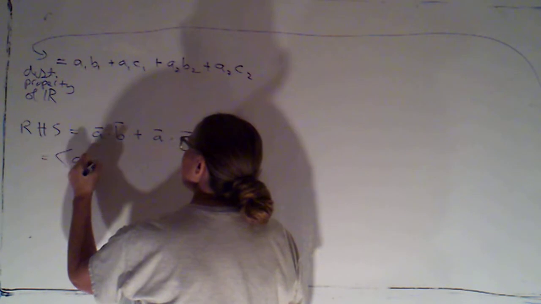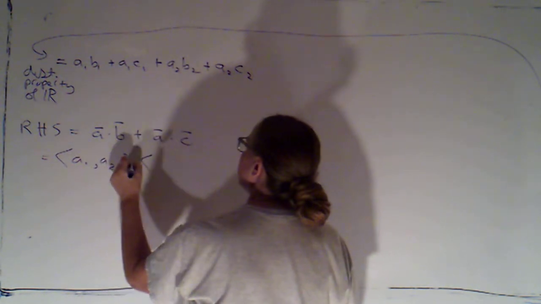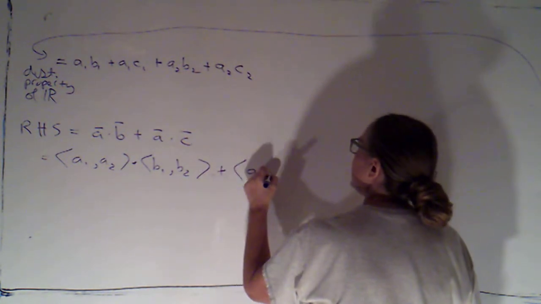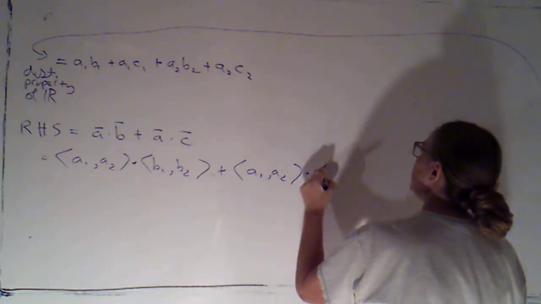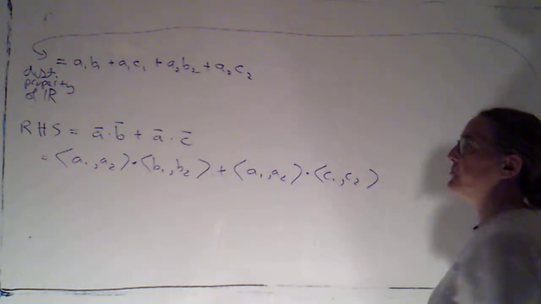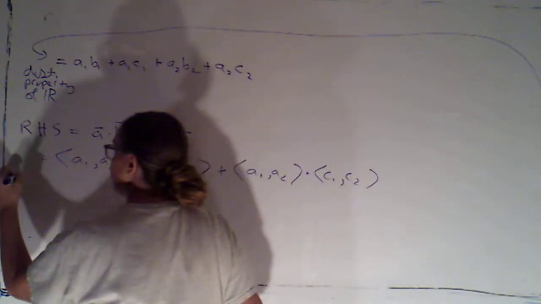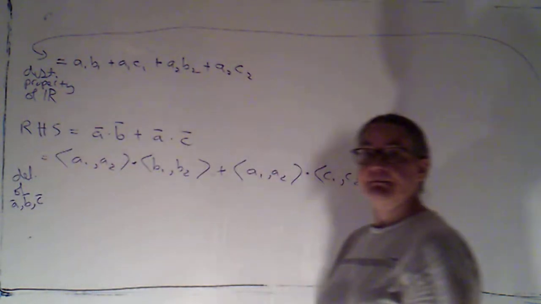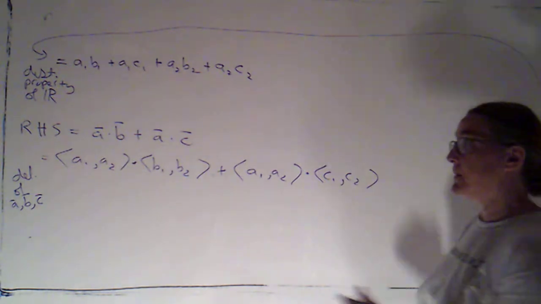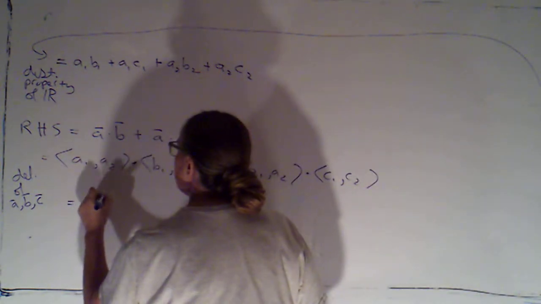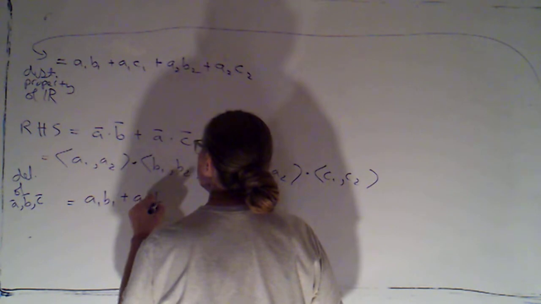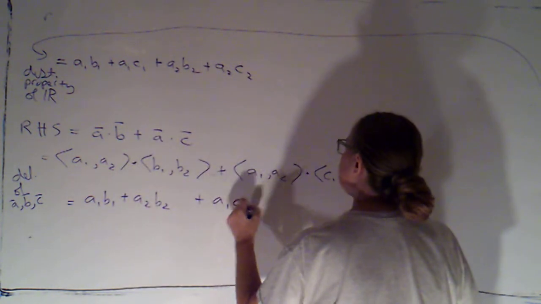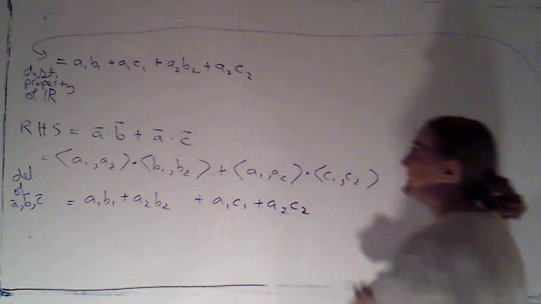So I'm going to say that's (A1, A2) dotted with (B1, B2) plus (A1, A2) dotted with (C1, C2). And that is just my definition of A, B, and C. And now I can do the dot product. This is going to be A1B1 plus A2B2, and this is going to be plus A1C1 plus A2C2.